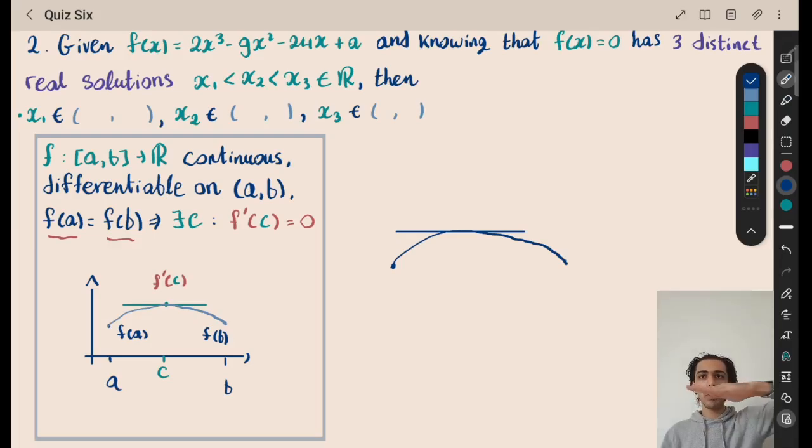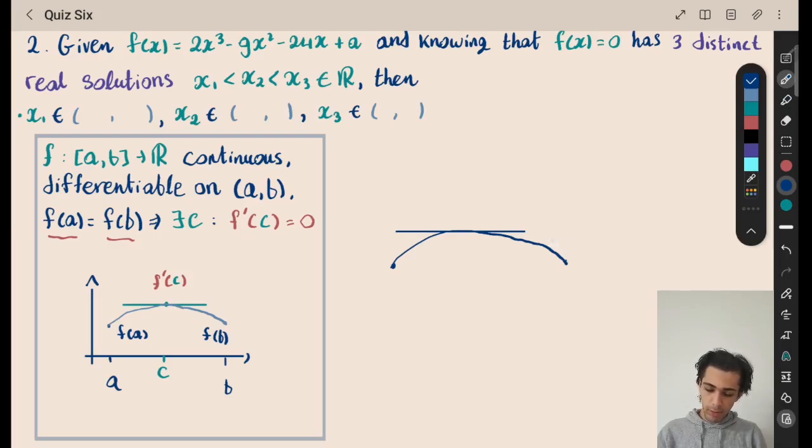If you think of a straight line like this in the plane, it's just a constant, probably y is equal to 1 or any value that you like. So this is why if the derivative is equal to 0, then you have a line that's tangential to the function at that point.